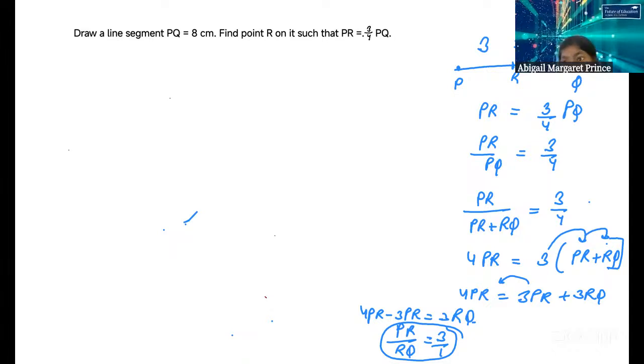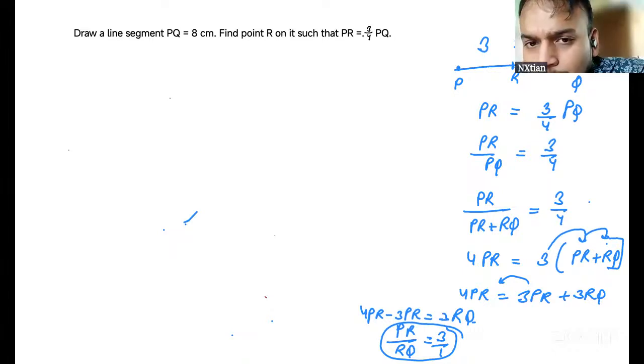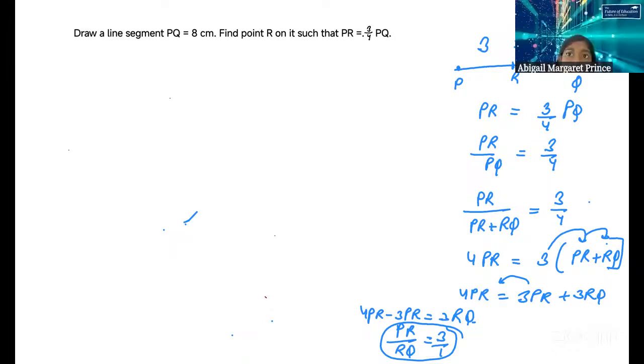Is it necessary to do all these steps? Because they've given a hint at the bottom which says PQ internally in the ratio 3:1. Can we just use that? Which question? Which part you're saying? The second question in the textbook, they've given a hint for this question. That is hint.